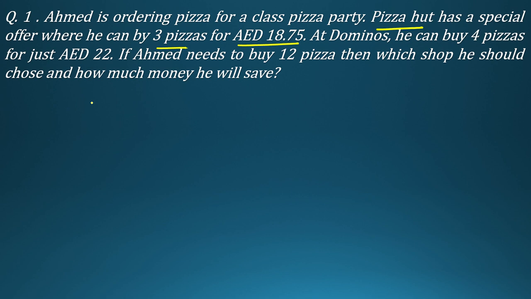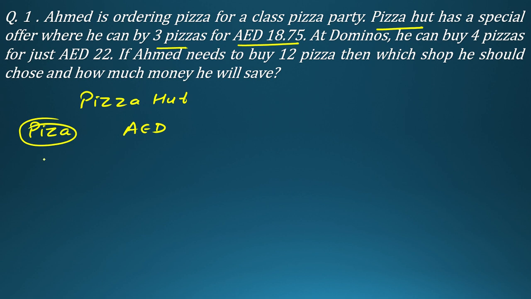Here one shop is Pizza Hut, and we write the number of pizzas and dirham. This is 3 pizzas and 18.75.